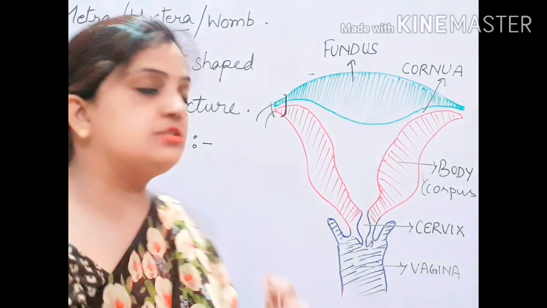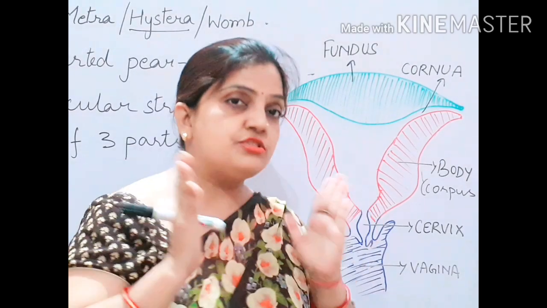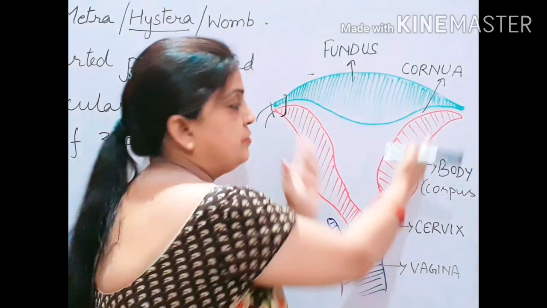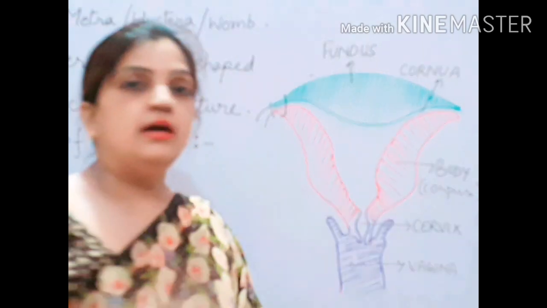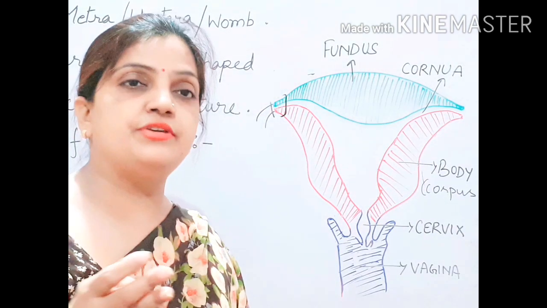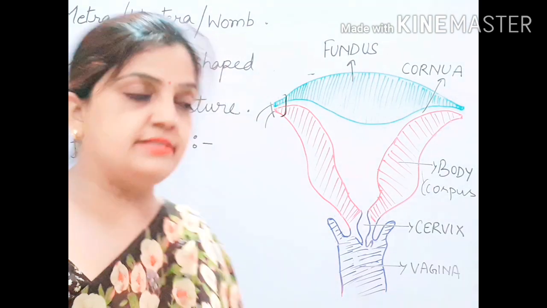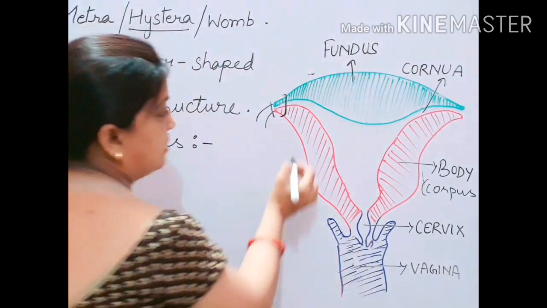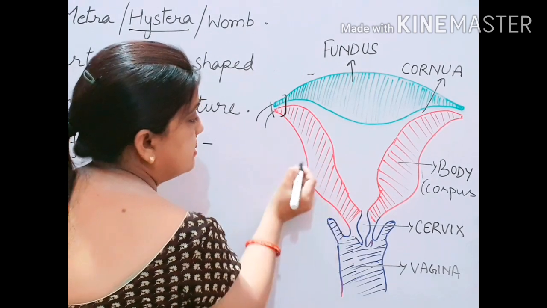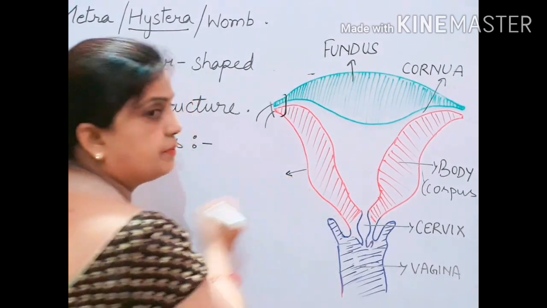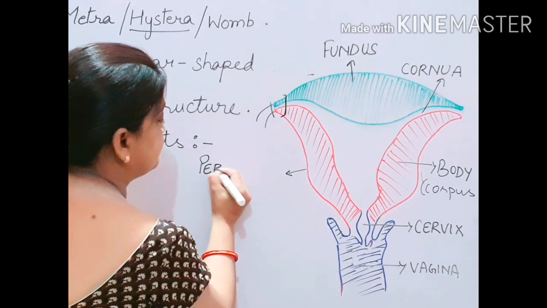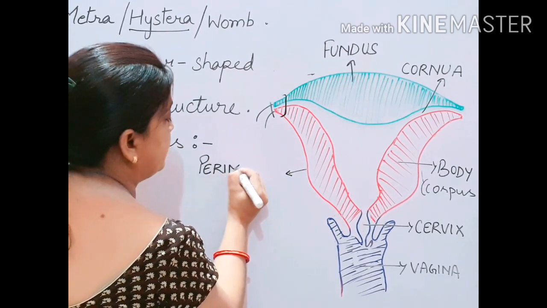Those three layers are present in this body part. Let us see where they are. This outermost muscular part is called perimetrium.